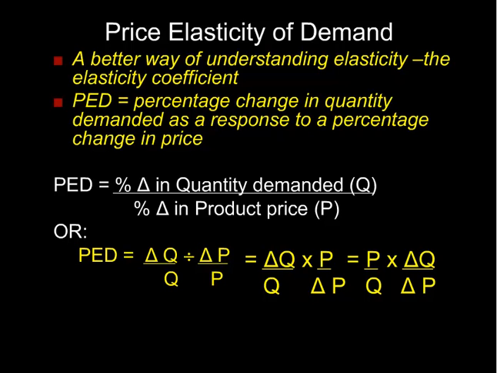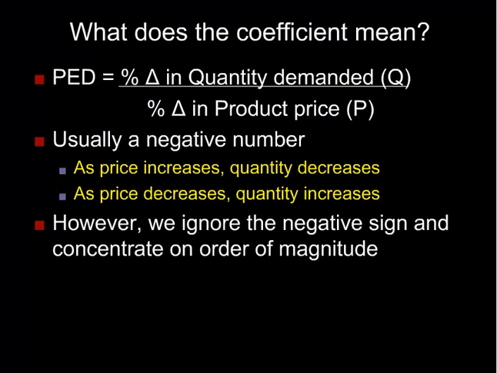At the moment that probably makes little or no sense to you, but I hope in the next few screens it will become much clearer. What does the coefficient mean? Because we're going to get a number when we do the calculations, and so we need to understand what that number means.